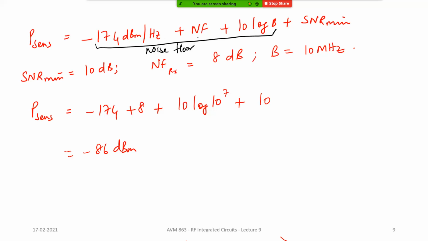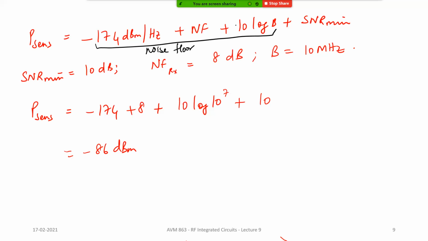This is the thermal noise floor, along with the noise figure as well as the bandwidth. Is it clear? This is what is called sensitivity, and just keep this equation in mind. It's used quite often where quick calculations need to be done.